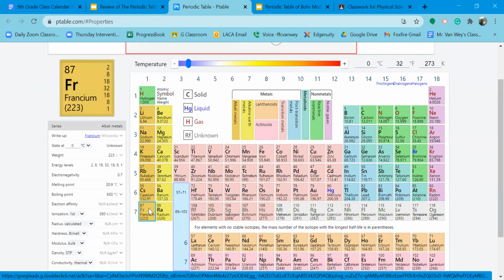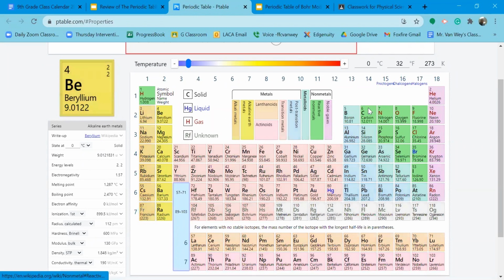It has similar properties, but there's a reason why these atoms have similar properties. That means that they act similar. They react with the same kinds of other elements. Okay? Lithium will react with fluorine much the same way that sodium will react with fluorine, much the same way that potassium will react with fluorine, or chlorine, or bromine, or iodine.